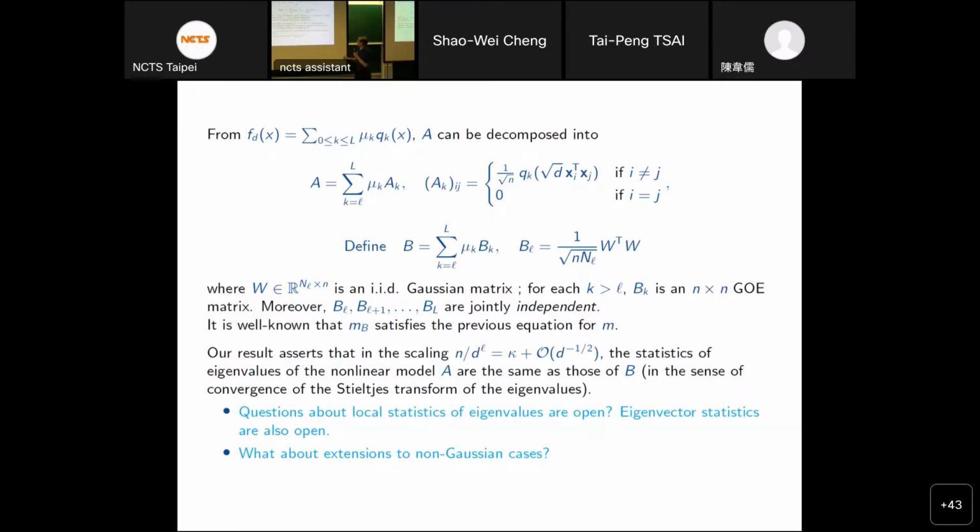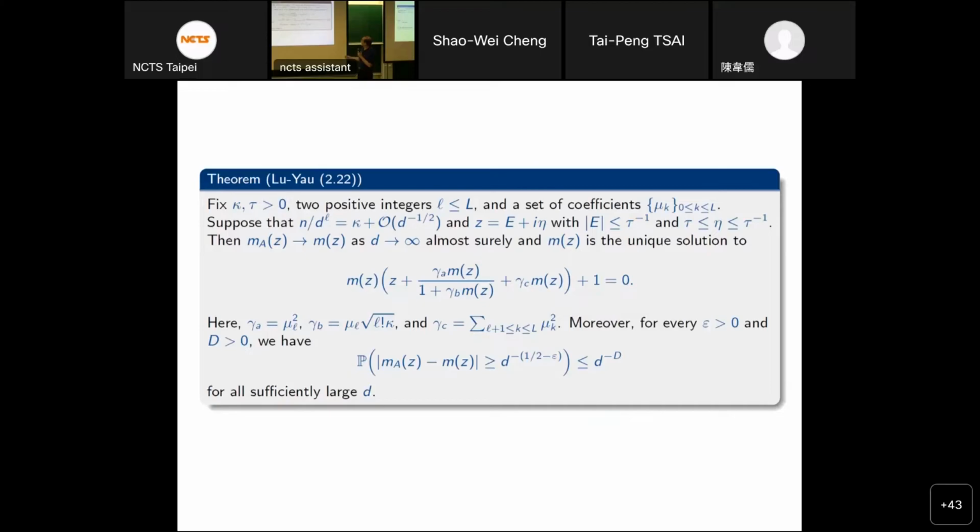This is our original model. On the other hand, we now define a separate model B, which is the same as A with the same coefficients, but B_k only for k from small L to capital L. Let me remind you, the small L is here.